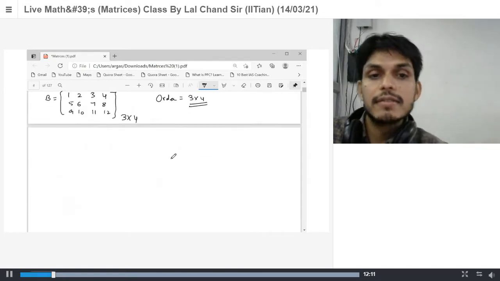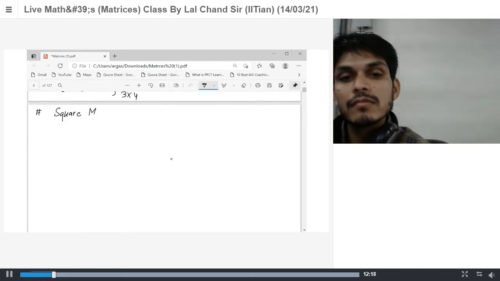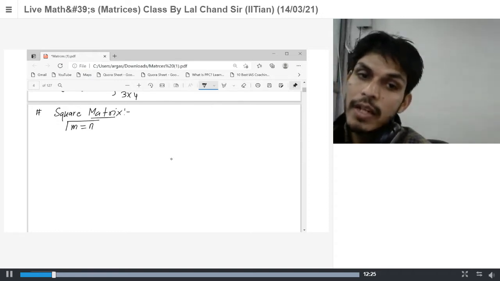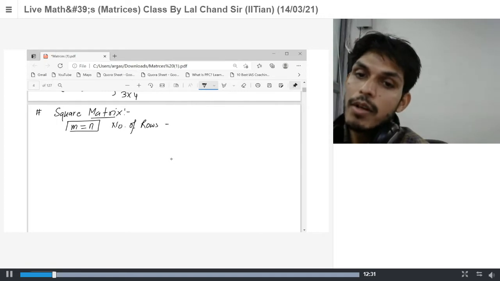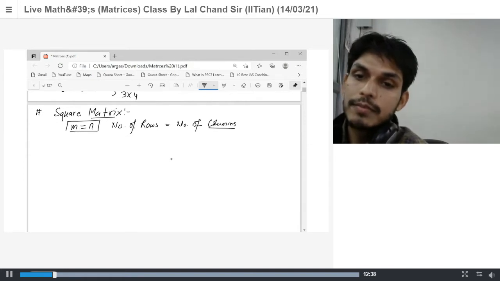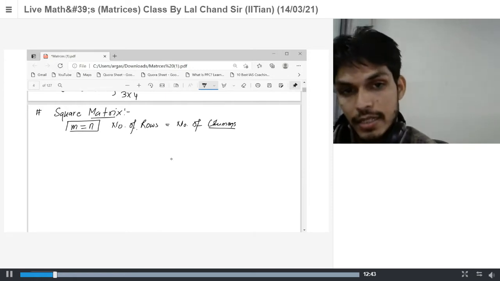So next is square matrix. If m is equal to n, that means number of rows equal to number of columns, then we can say the matrix is a square matrix.